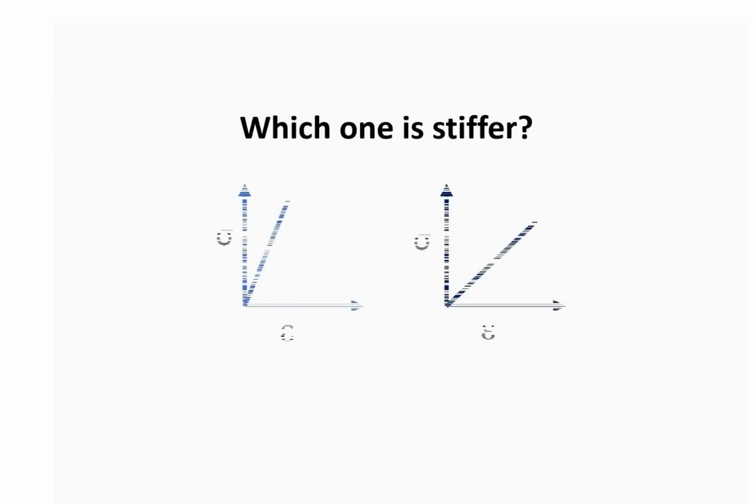In this figure, if I ask you to guess which one is stiffer, the left one or the right one, recall what we have learned beforehand: the stiffness of a material is indicated by the modulus of elasticity, the symbol E, or Young's modulus, and it is seen from the slope of the stress versus strain graph.